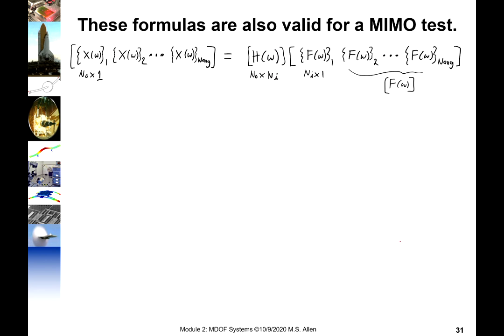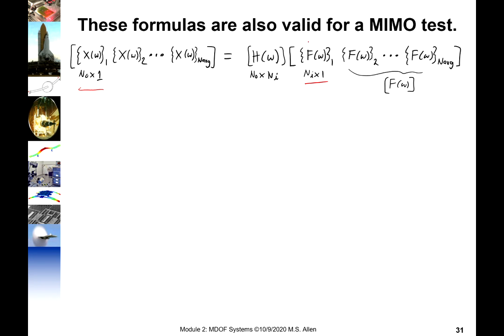So we can extend all of this to a multi-input, multi-output test. So let's say, I've already stacked everything together here, but let's say in each test we measure at N0 output channels, and we apply forces at Ni input channels. And so again, all of this is just at one frequency. We could stack up the FFT values.